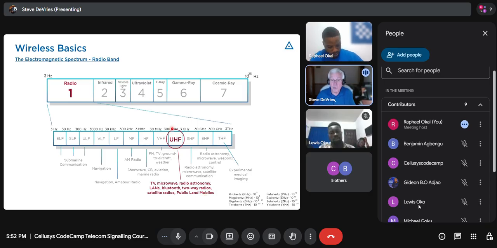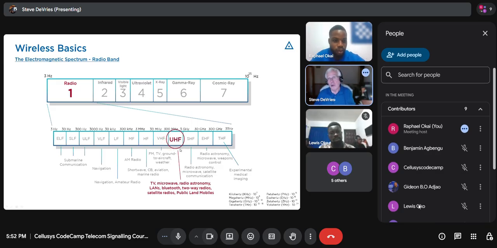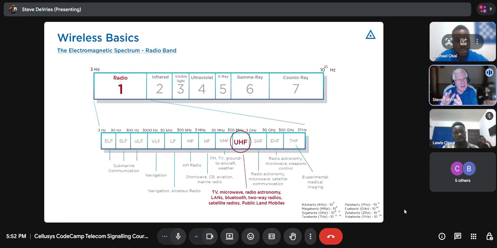So this is where all the attention is as far as mobile telephony. The early mobile telephony in Europe was in the 800 to 900 megahertz range. In the United States, it was 824 to 896 megahertz. It was in that 800 megahertz range.